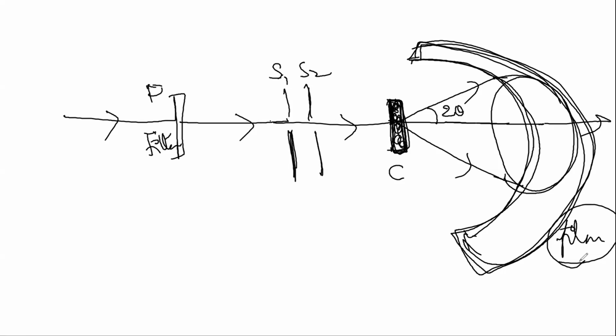Now X-rays are coming from the X-ray tube, which are made to pass through filter F, so that it will give only a single wavelength lambda. Other wavelengths are filtered by this filter F. Then it is allowed to pass through source slits S1 and S2, which are made of lead, and the obtained X-ray beam is made to fall on a specimen C, which consists of our microcrystalline powder.